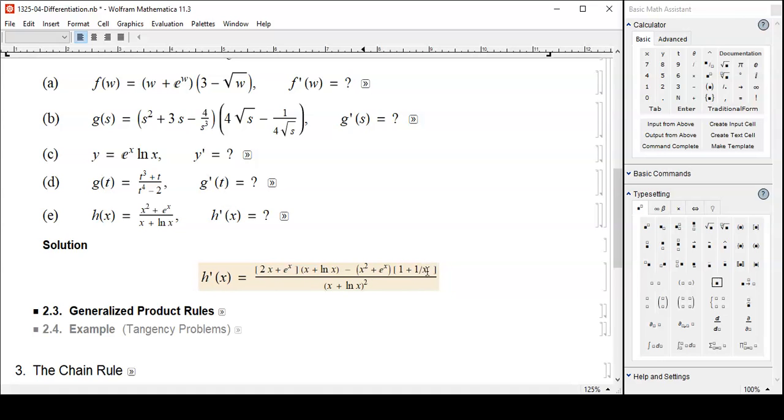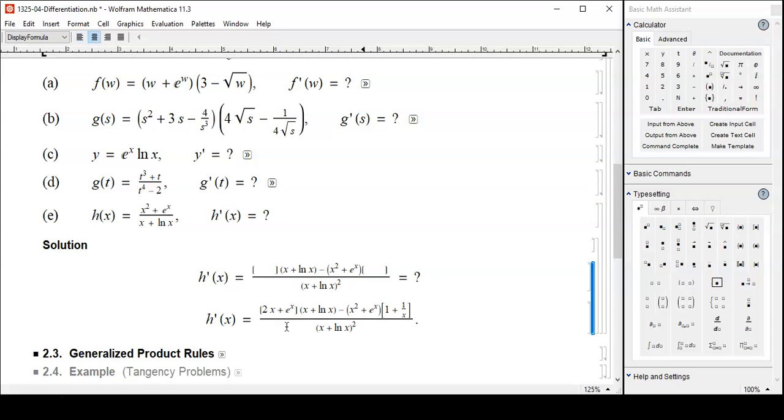Or if you prefer the power form, you can write it like this. Either way, it's correct. Me personally, I prefer power form. Here's the answer key. Yeah, that's the structure of the quotient rule. And then filling in, we get this.